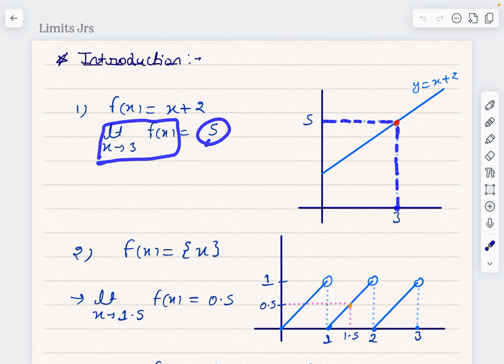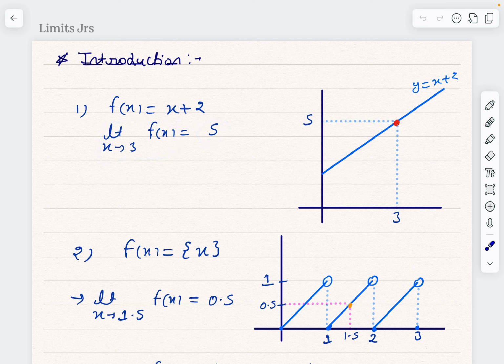Limit x tends to 3 means x is near to 3. It does not say x is exactly 3. So when x is near to 3, where is the value of f of x approaching?